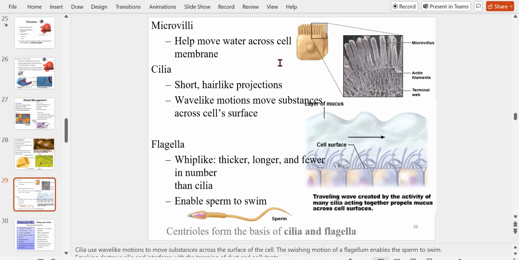These are called microvilli, increasing surface area. Cilia are short hair-like projections found in the lungs. You can think of them as seaweed at the bottom of the ocean, moving with the current.